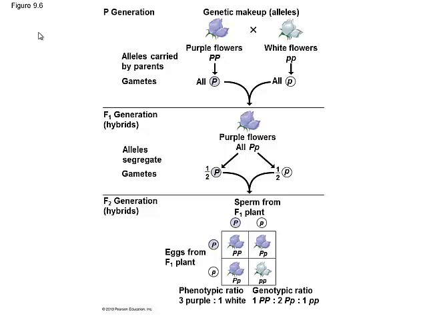So what's one of the ways I could figure out whether or not I had a heterozygous or a homozygous dominant parent? Breed them with what? Yeah, with a recessive individual. If all the flowers come out purple, chances are what?